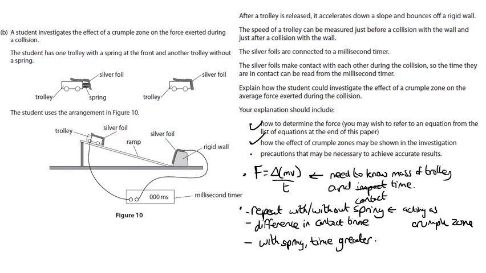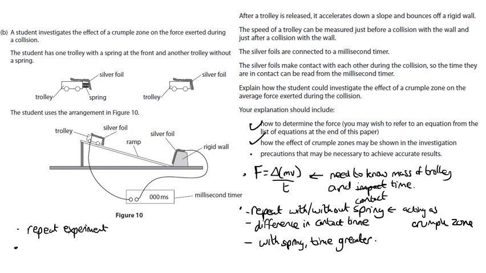Precautions that may be necessary to achieve accurate results. Okay, so this is just about experimental design. So what might we do? We might repeat the experiment so we get more than one time measurement for the spring and without the spring. And we need to make sure that we're controlling certain things.